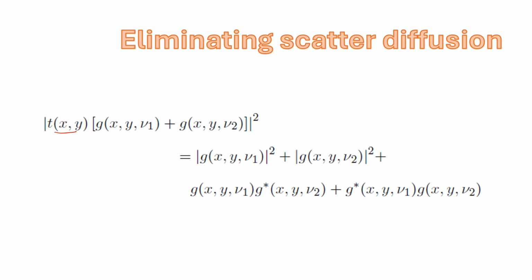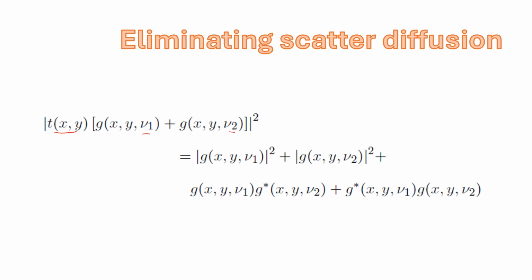So we assume that we're going to capture the hologram on the surface of the scatter at frequency nu1 and frequency nu2, and these frequencies are close enough to each other that the modulation due to the scatter is equal at those two frequencies. And so we're measuring the magnitude squared of the signal at each of the two frequencies.